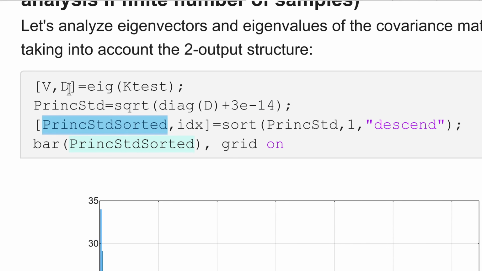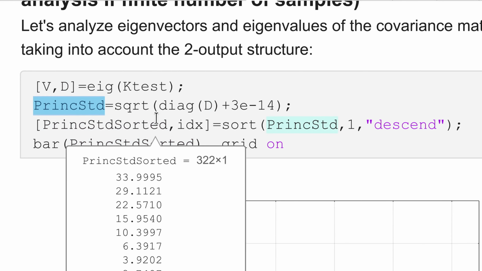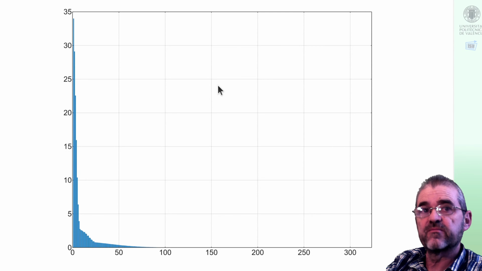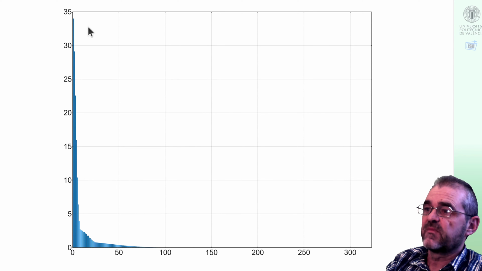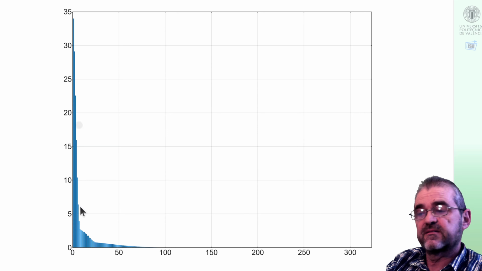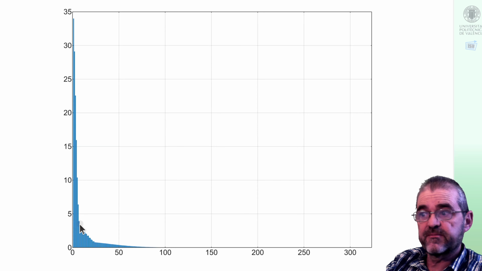But then, if I print these eigenvalues square root, then I get that the variability, standard deviation, can be expressed as the sum of some components with these standard deviations. And as you see, the first 6 or 7 are responsible for most of the variability, and then we have a bunch of other ones, and instead of 322, most of the variability can be explained with 20, 30 or something like that. Variance is the square of this.